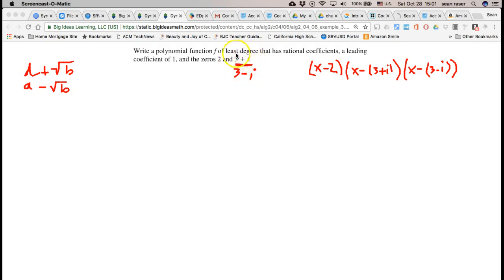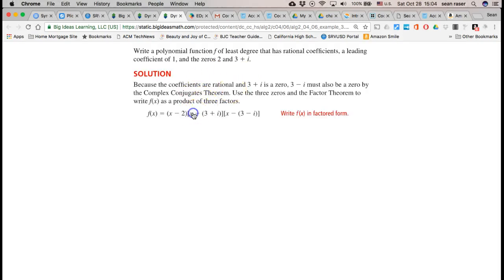And the key here is not only do you have the conjugate rational theorem, you have a conjugate imaginary theorem as well. So let's go through. Since we know that these are our factors right here, we're going to have to multiply all three of these together.